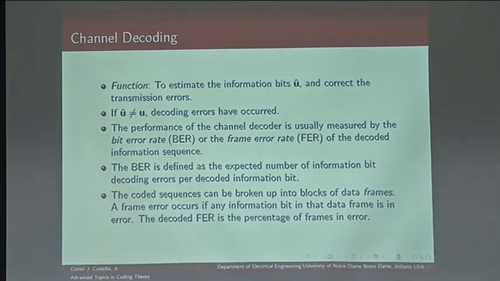Frame error rate is a little more general, as it is inclusive of convolutional codes. If you transmit a sequence of blocks or frames, it's what fraction of the frames are received in error. If there are any bit errors in a frame, that counts as a frame error. A frame has to be completely error-free in order to say that there's no frame error.